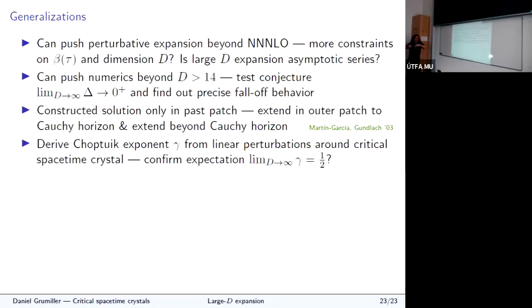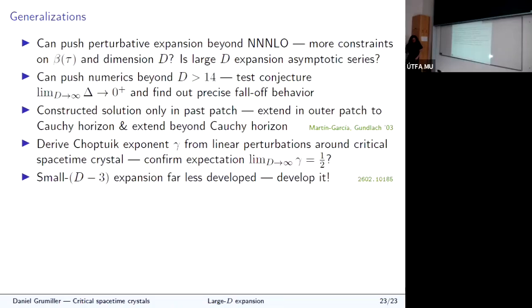And there is an expectation in the community that gamma tends to 1/2 as D goes to infinity, but nobody was able to show this analytically. So this is what would be very interesting to do, perhaps using our analytic results for this large D solution for critical spacetime crystals as a starting point.